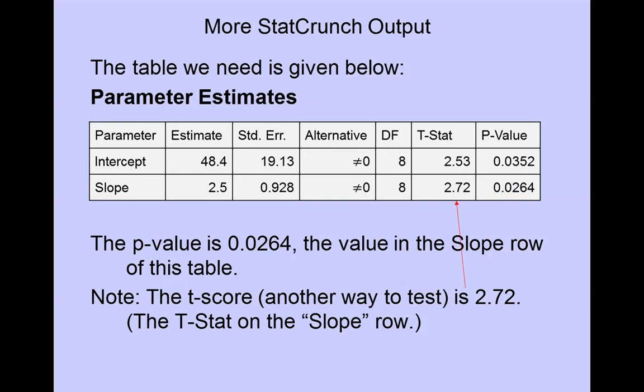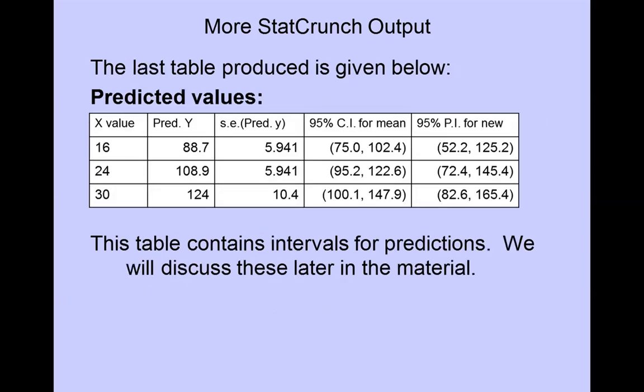Another way that you can do testing in simple linear regression is by testing really that 2.5 value, and that involves a t-test. So if you look at other books or online resources, you may see a t-score used in this hypothesis test, and that would be that 2.72 number. The p-value, 0.0264, is the same regardless of which of the methods you use.